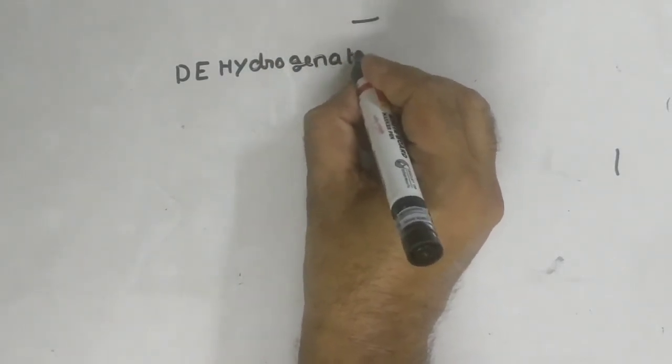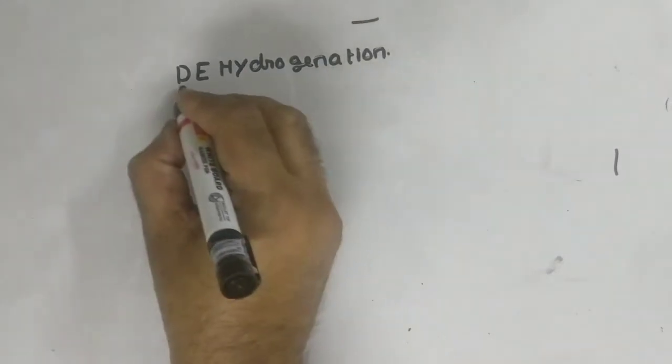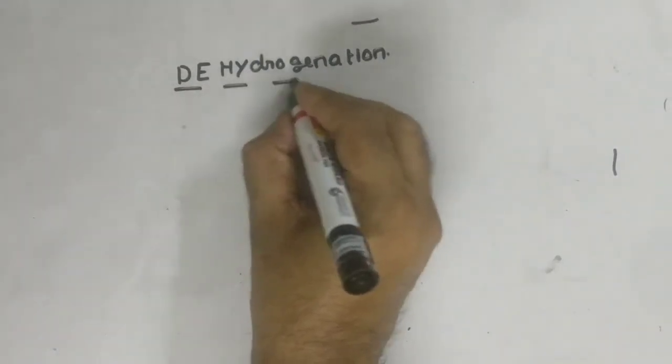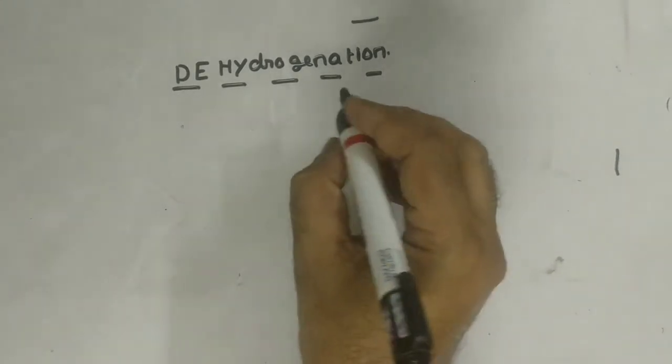Dehydrohalogenation. If you remember, we have even discussed this in class 11th, in the preparation of alkene. Now, what is dehydrohalogenation?